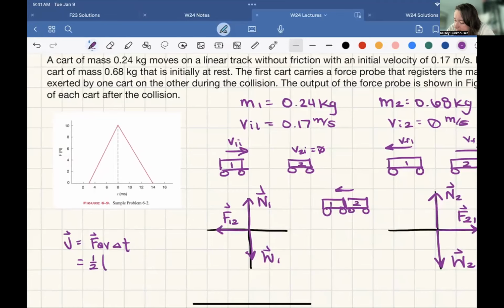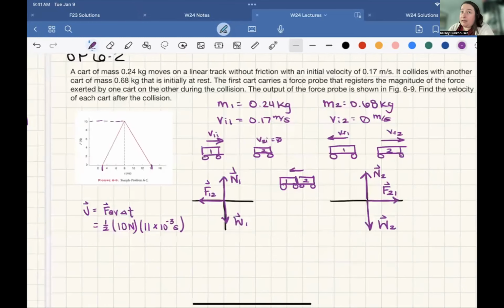So the height is this maximum value of force, which is 10 newtons. And then the time interval is from 3 milliseconds to 14 milliseconds, which is 11 milliseconds. And I'm just going to put that as 11 times 10 to the negative 3 seconds, because milli is 10 to the negative 3.